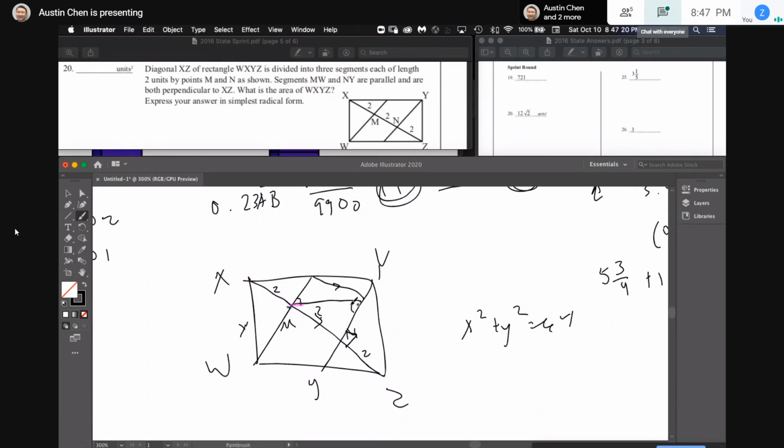The small angle that's bordering the main diagonal, we haven't proved that that's congruent to anything. We can't say that this angle and this angle are congruent yet, right?